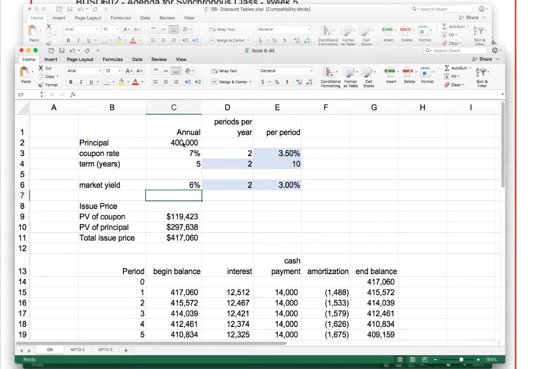So issue price is 417,060. And from the amortization table here, we can see that the interest expense is the sum of the interest payments just for these first 2 periods, for period 1 and period 2. And so interest expense in 2018, I'm just writing it down, is 12,512 plus 12,467.